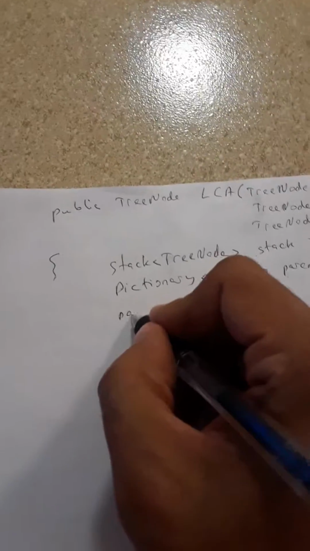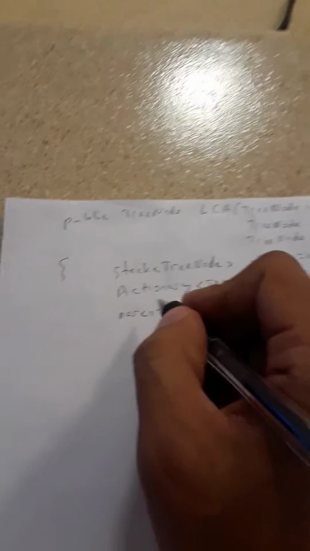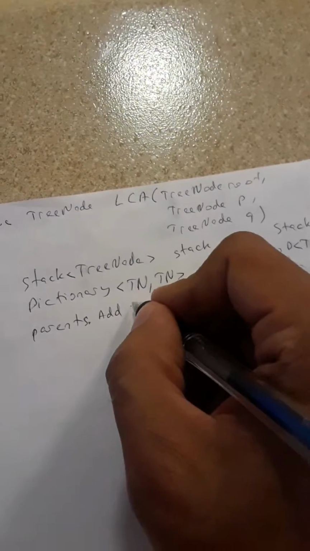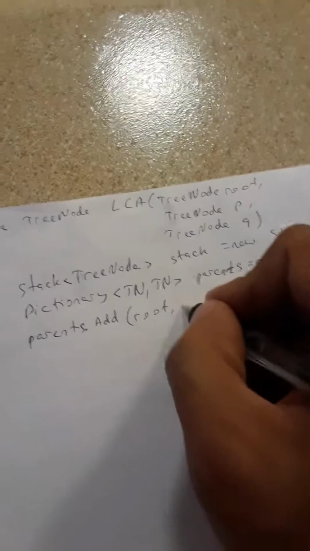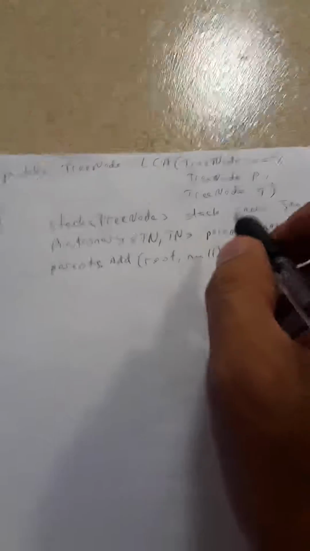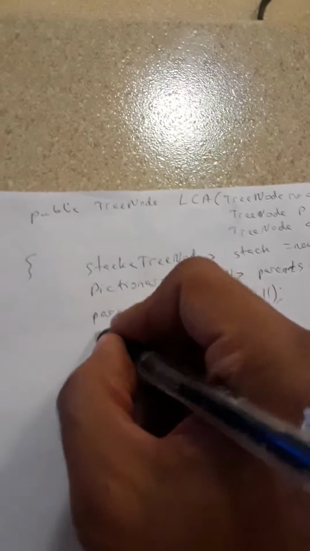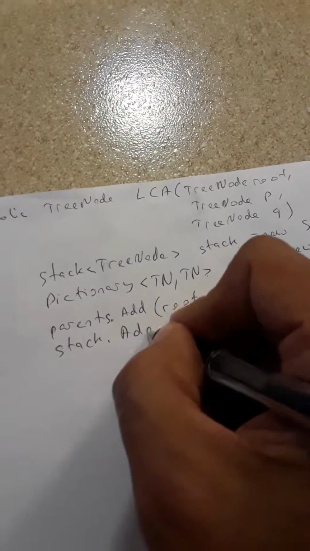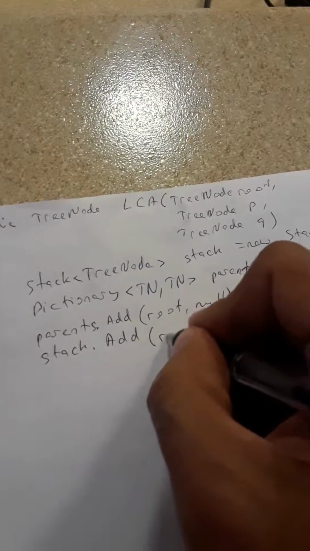Then I will add the root node as a key and null as a value. Then I'll also add root to my stack.